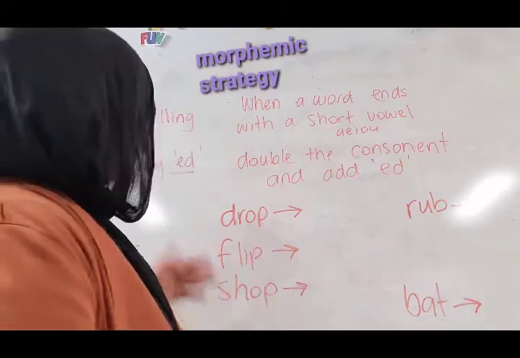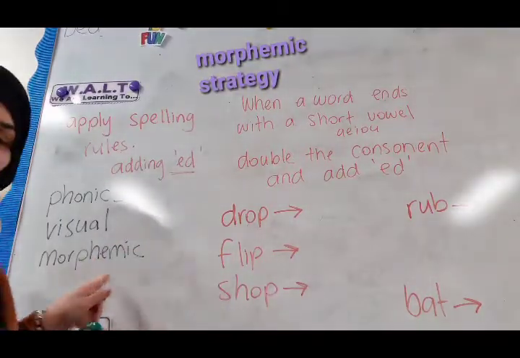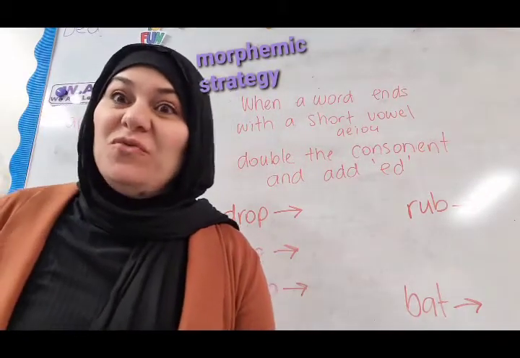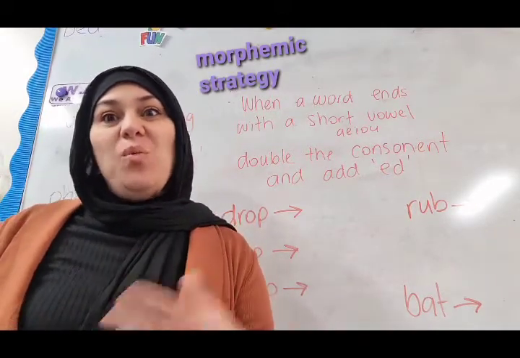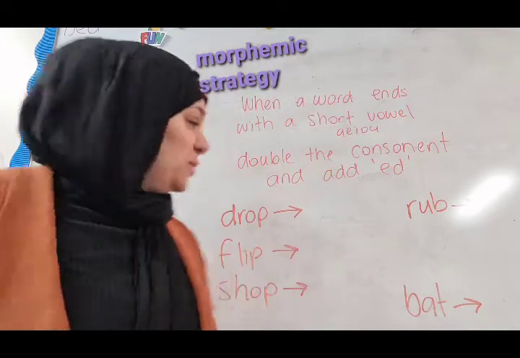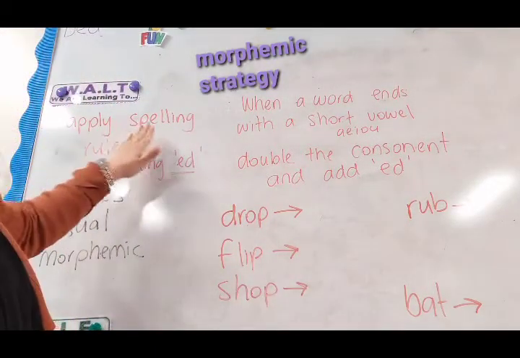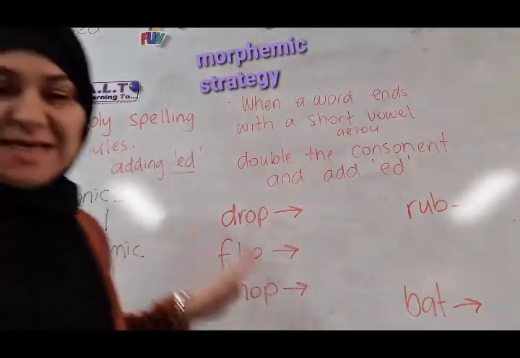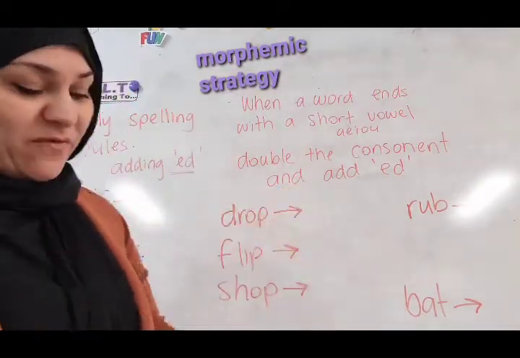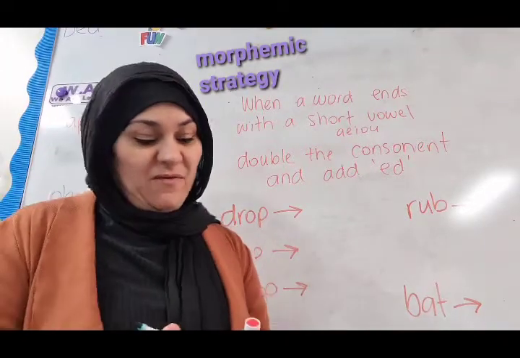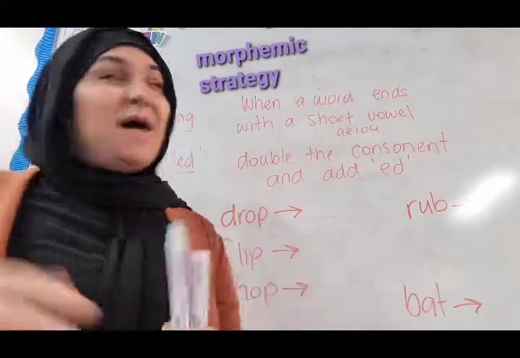And of course, the last section of our spelling for this week is our morphemic rule. Remember, girls and boys, what's the morphemic strategy? We're focusing on how words change and what rules we apply. So today, in this part of the lesson, we are learning to apply spelling rules, in particular, how to add ed to words. And the rule that we're focusing on is a very, very important rule because it helps us to change words into past tense.